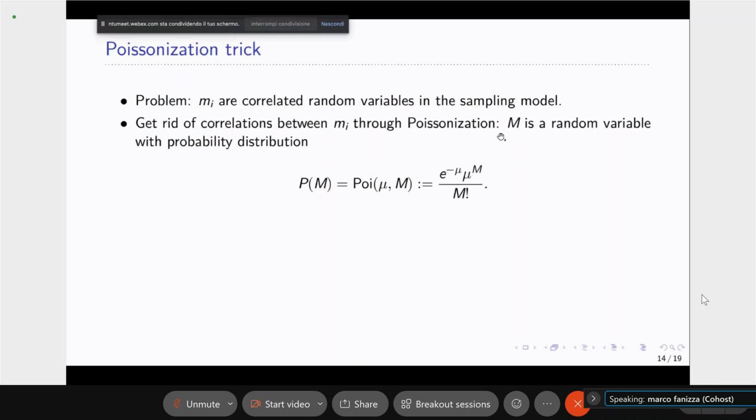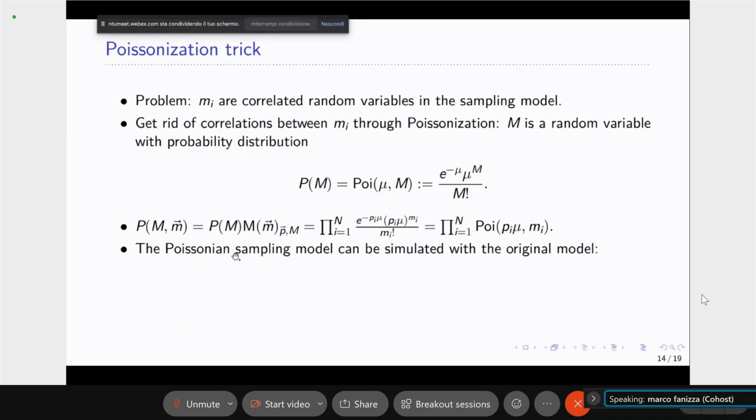Instead of having a fixed number of copies of the original source, M is instead a random variable distributed according to a Poissonian distribution with average mu. And in this way, we see that the probability distribution of the vector m of number of copies is in fact factorized, and the variables m_i become independent, each distributed according to a Poissonian distribution. And this makes the calculation much simpler.